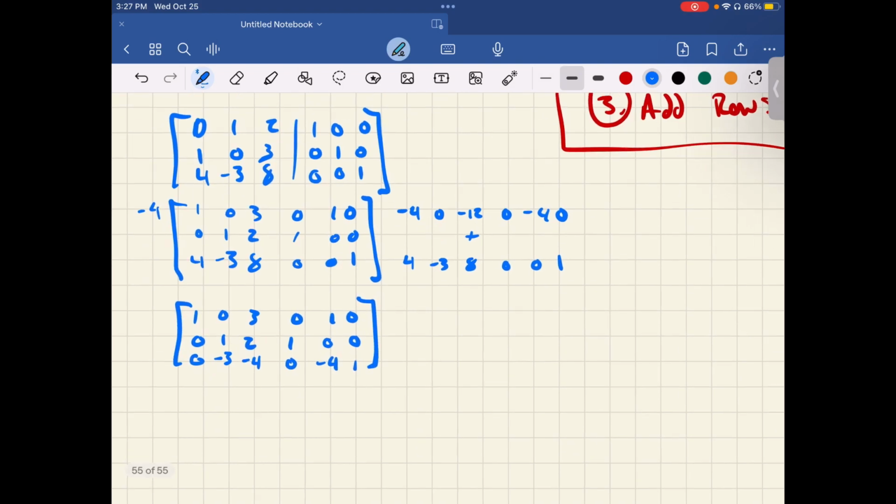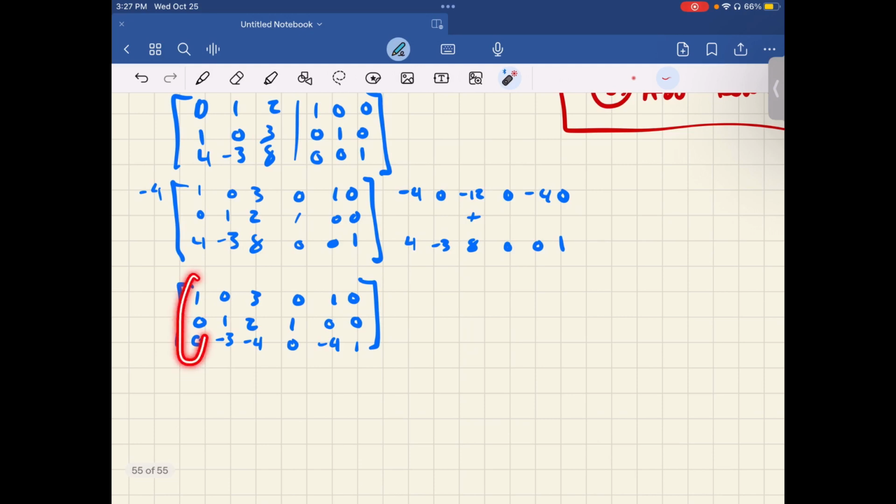All right. So now if you'll notice, my first column is set. I have these two zeros in the right spot. Next, let's look at the next column and make sure I got zeros in the right spot here. Top 0 is good, so this bottom one, -3, needs to be 0. I can make that turn into 0 by multiplying that middle row by 3, getting 0, 3, 6, 3, 0, 0.